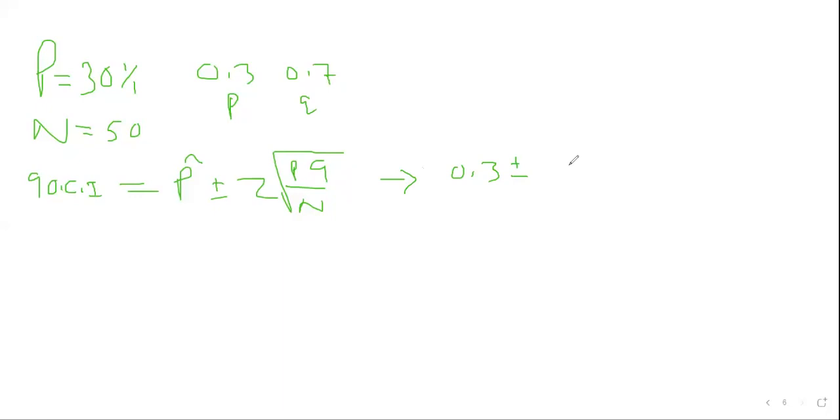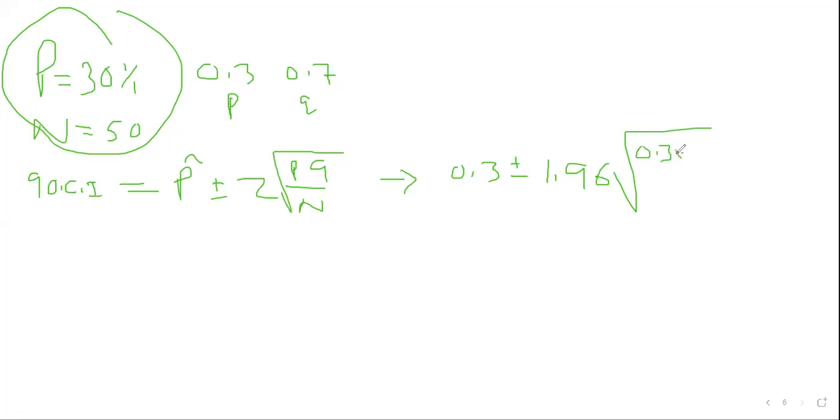What's our z? If you're not given z, the standard is 5%, right? So we're going to put 1.96. And here we have 0.3, here we have 0.7.